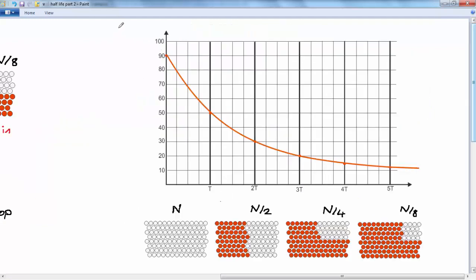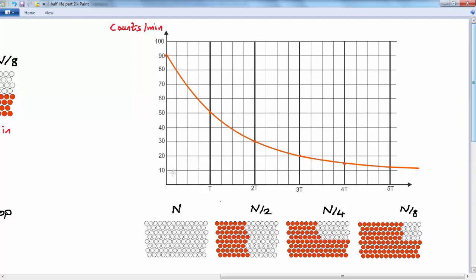We're writing here this time, this is the count rate, this is counts per minute, and we start off with a count rate of 90, and then after one half-life that's dropped down to 50, after another half-life to 30, after another to 20, after another to 15, after that to 12.5, and what we notice is that the radioactive decay curve is approaching a limit below which it will not drop, and this limit is due to the presence of the background radiation.